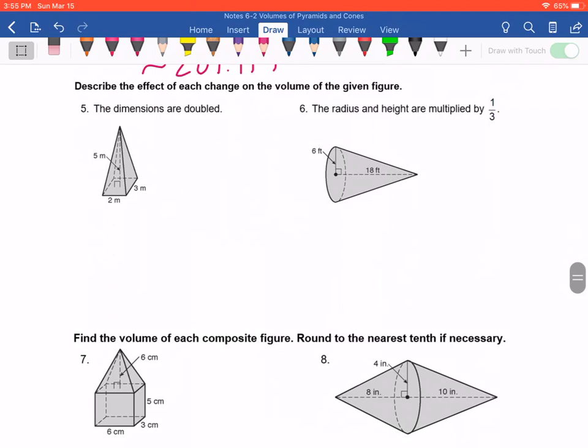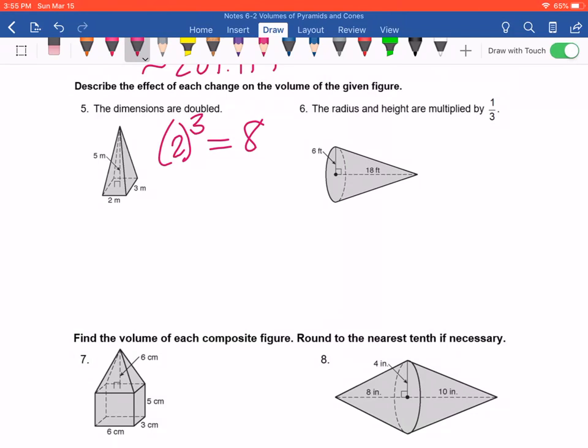We did examples similar to this in lesson 6.1. We were asked to describe the effect of each change on the volume of the given figure. So if the dimensions of this particular figure are in fact doubled, and I'm dealing with volume, I can take 2 and raise it to the 3rd power, and that gives me the number 8.